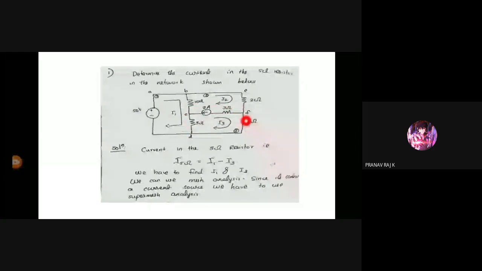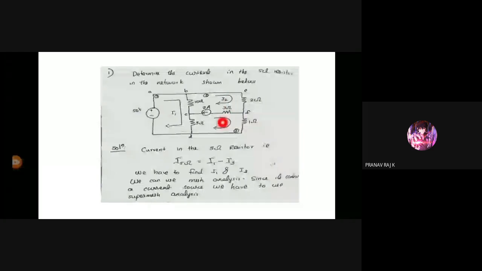So the current through the 3 ohm branch will be the difference between I2 and I3.